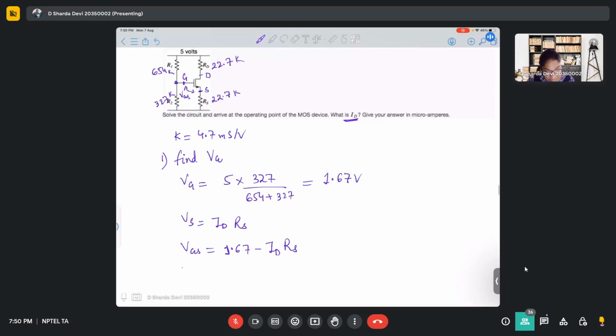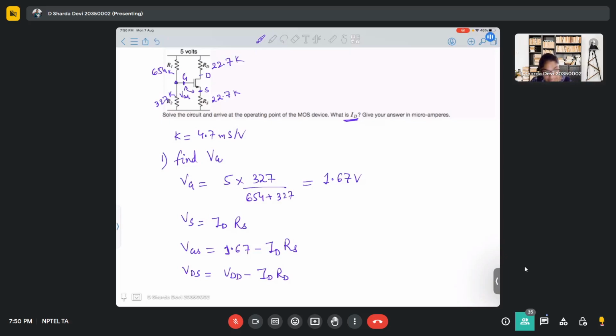Now when we say VDS, what do we mean by VDS? We mean VDD minus IDRD. Is it okay if I write VDS as VDD minus IDRD? No, this is VD, not VDS.